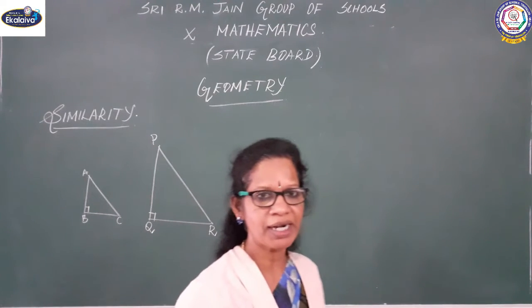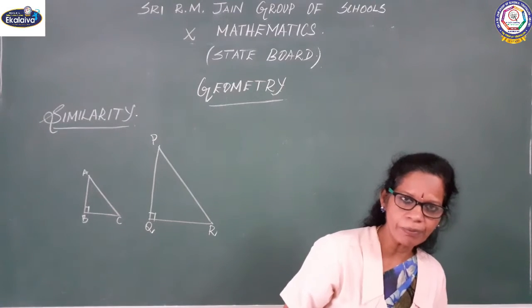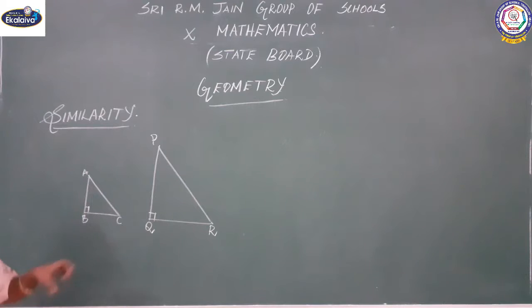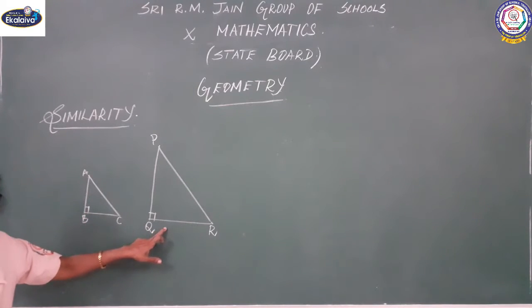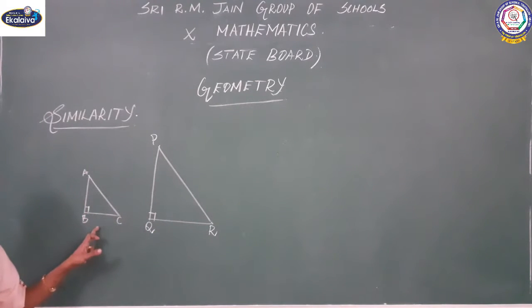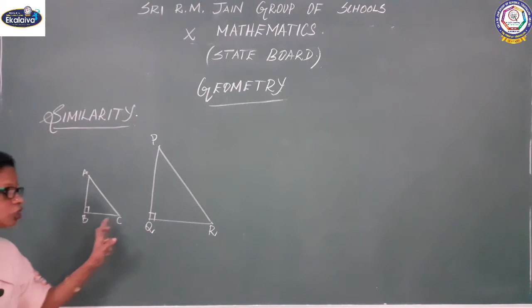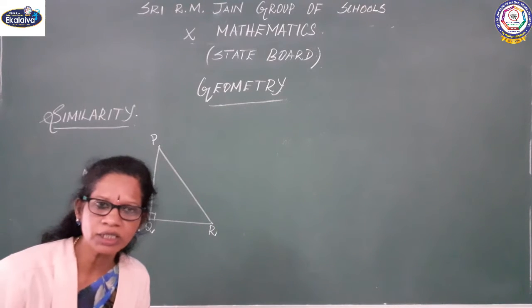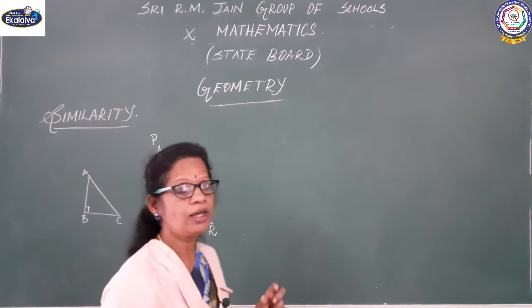Similarity is nothing but same shape, different size, right? The example is twins. See, these two triangles are right triangles, but the measurements are not equal. That's why we conclude that these two triangles are similar. What I said?